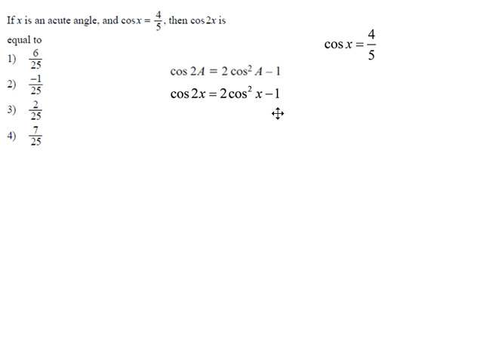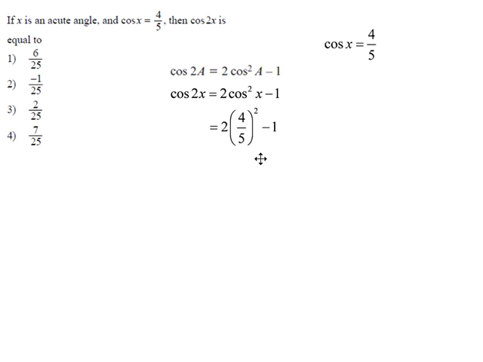So I'm going to substitute 4 over 5 for the cosine of x. I'm going to get 2 times 4 over 5 squared minus 1. What you're actually squaring is the value of the cosine of x.